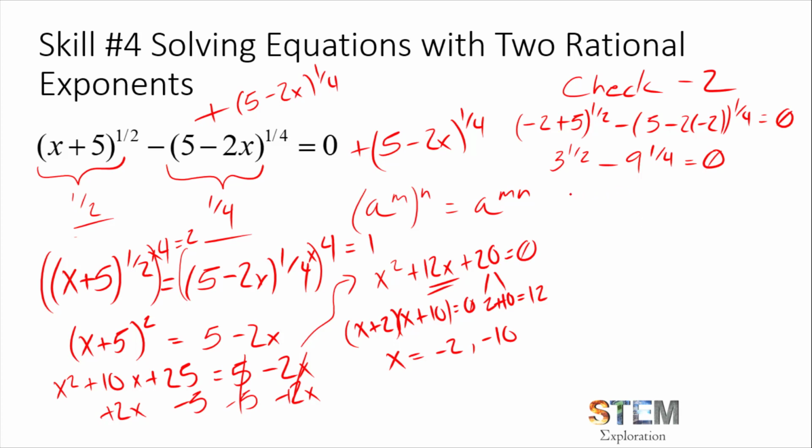What I will point out is if I simplify this out, this is 3 to the 1/2, and 9 is also equal to 3 squared, which if I multiply by the 1/4 power, this will be 3 to the 1/2. 2 over 4 is also equal to 1/2, which will equal 0. And what you'll see is that this solution will work. So -2 is a real solution.